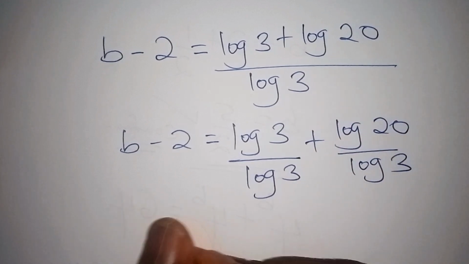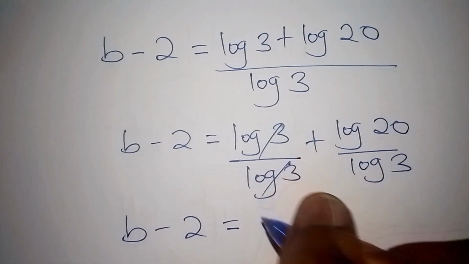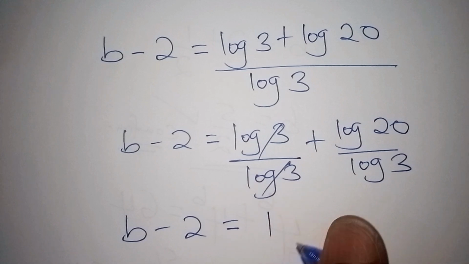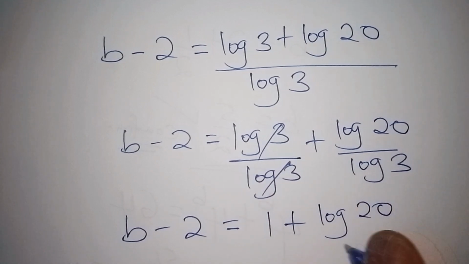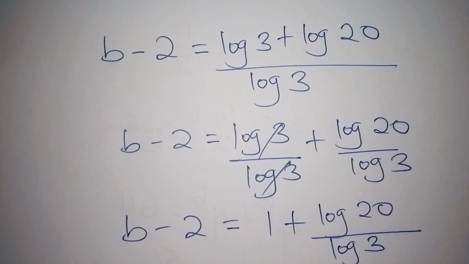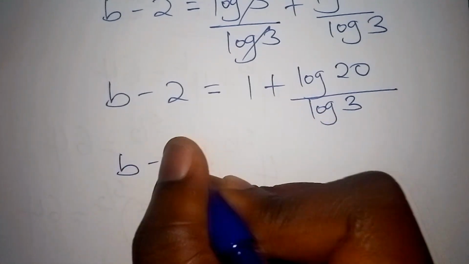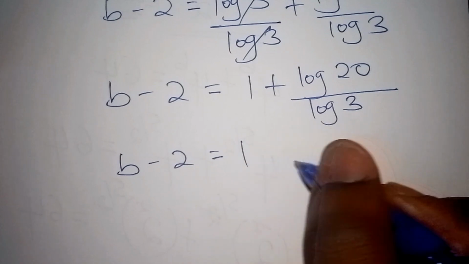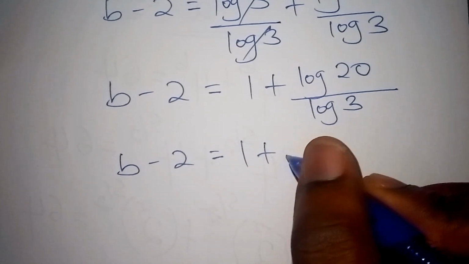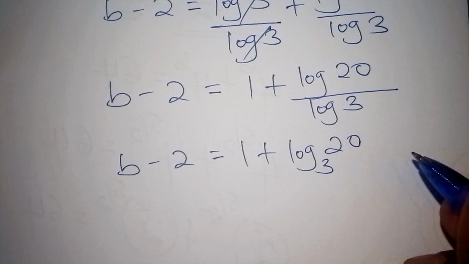So b minus 2 is equal to, the log of 3 and the log of 3 cancel, and we remain with 1 plus the log of 20 all over the log of 3. So b minus 2 is equal to 1 plus the log of 20 to the base of 3.